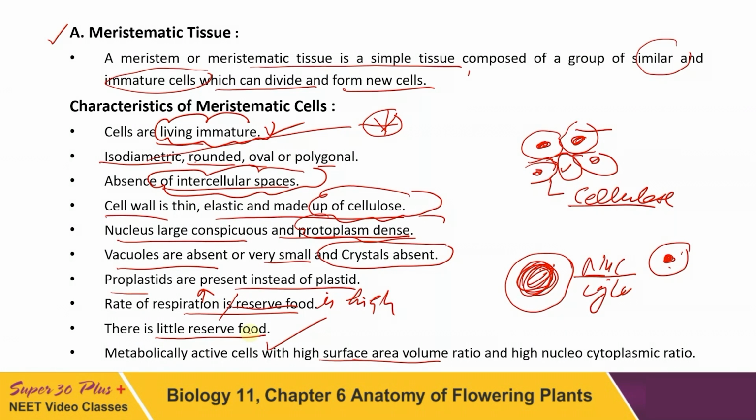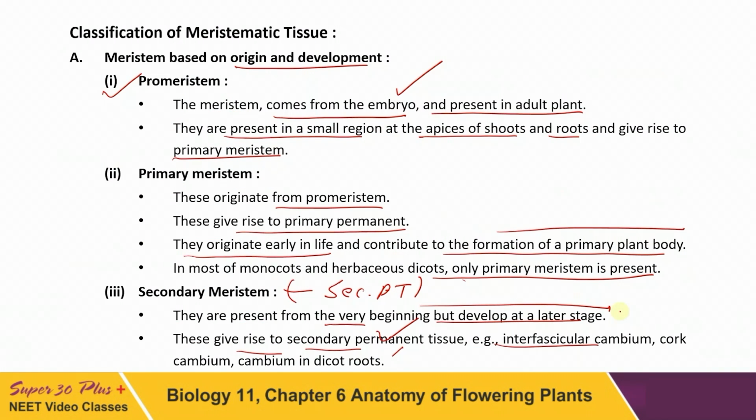Metabolically they are very active, with a high surface area to volume ratio and high nucleocytoplasmic ratio. In a meristematic cell there is a large nucleus and less cytoplasm, therefore the ratio of nucleus to cytoplasm is high. Is it right? Okay.